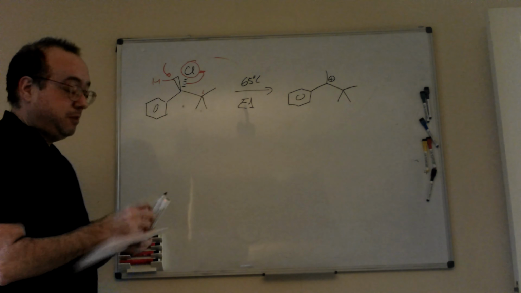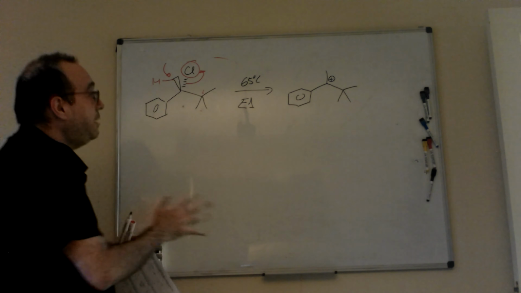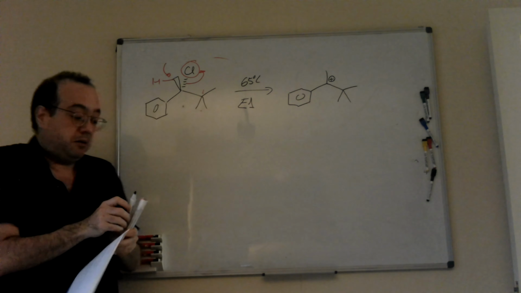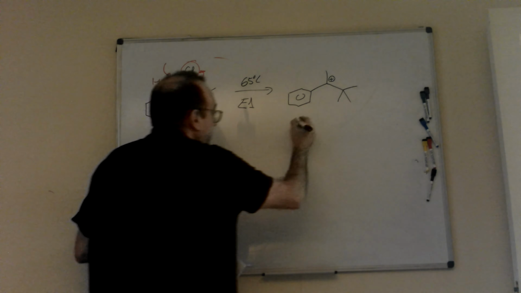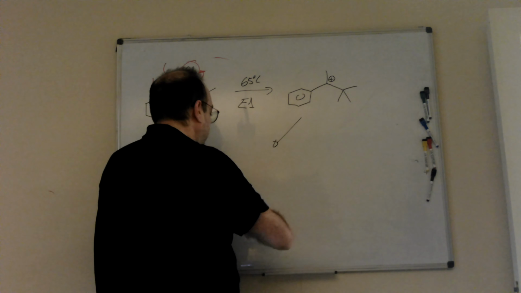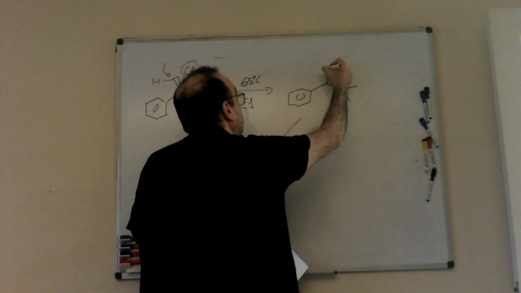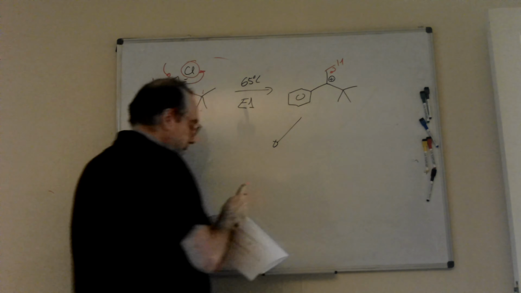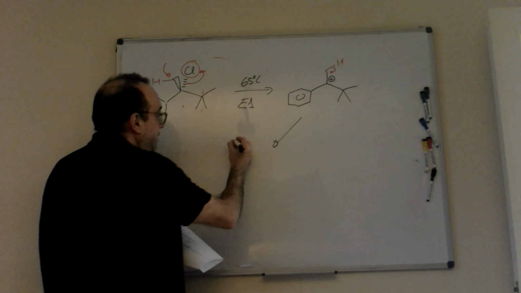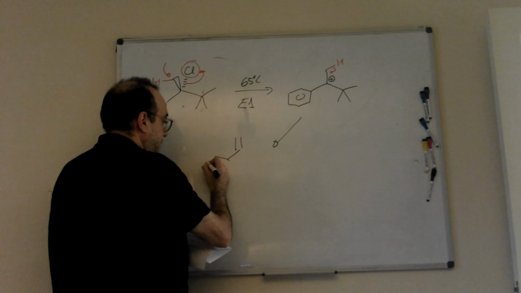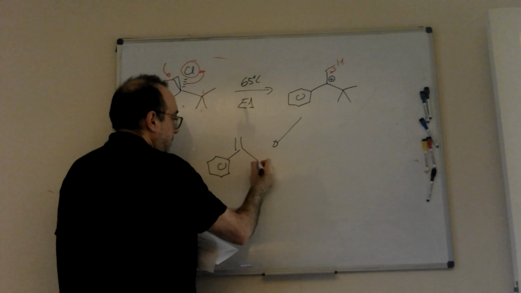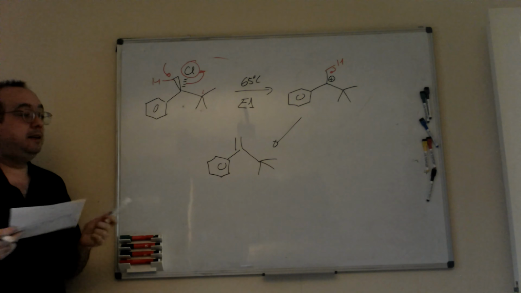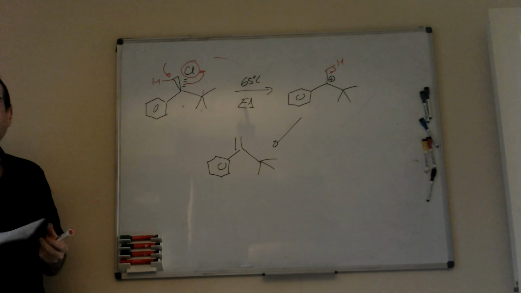He likes to learn chemistry. Okay, we have the carbocation. And now what is happening? We have the carbocation, and if we are doing an elimination, basically the only thing that can happen is that we lose the hydrogen here, and basically we generate this product. Okay?